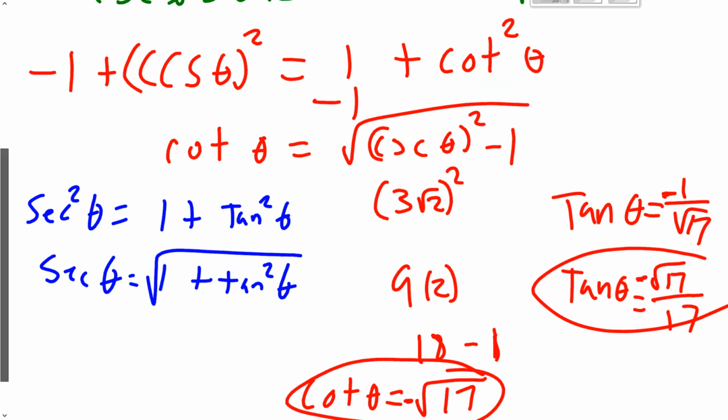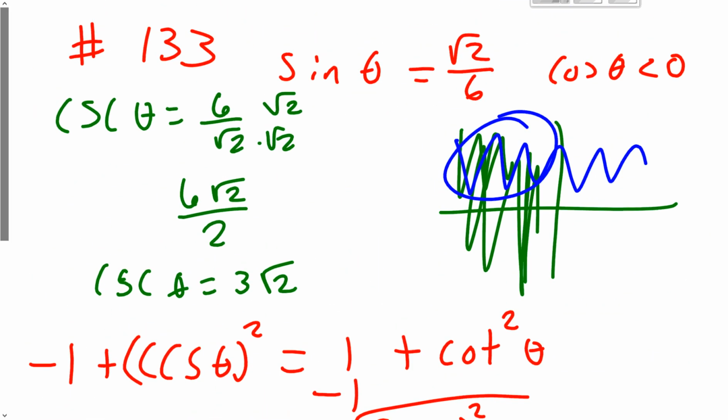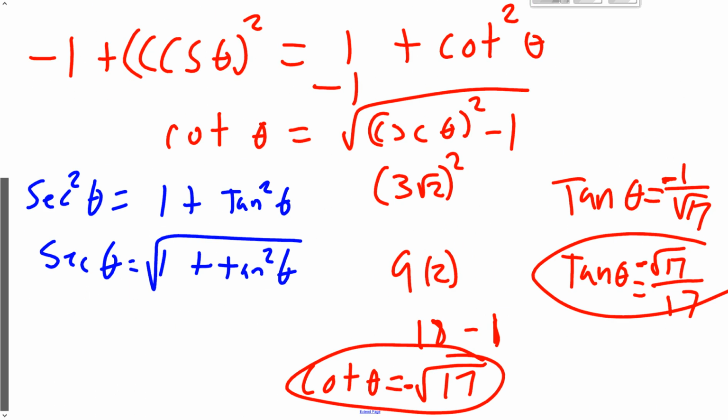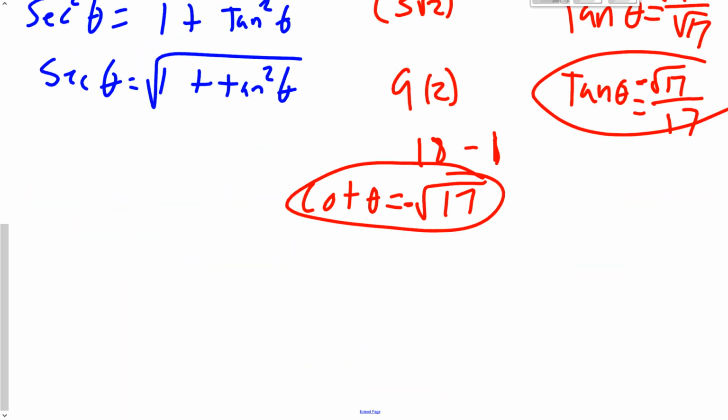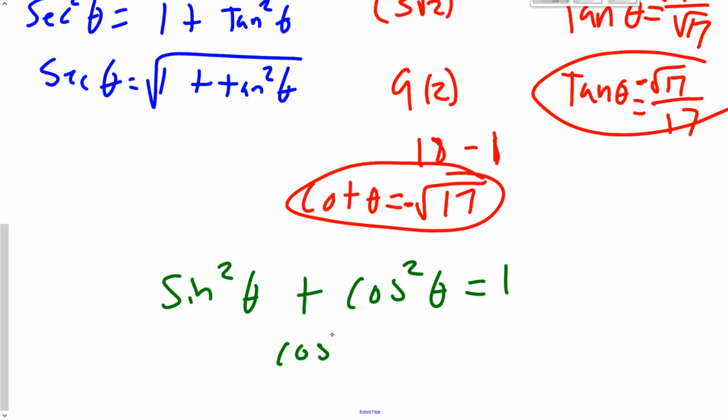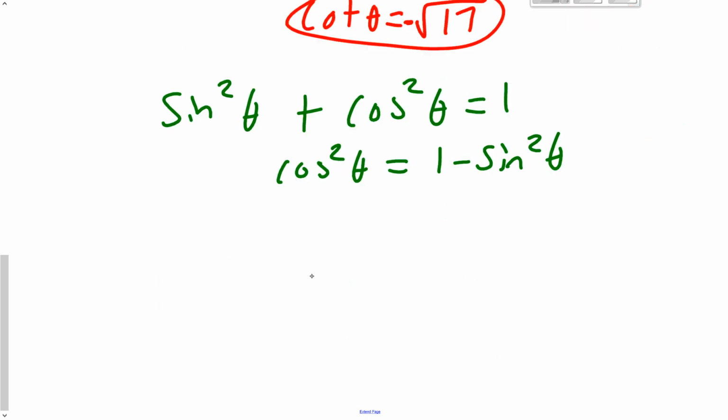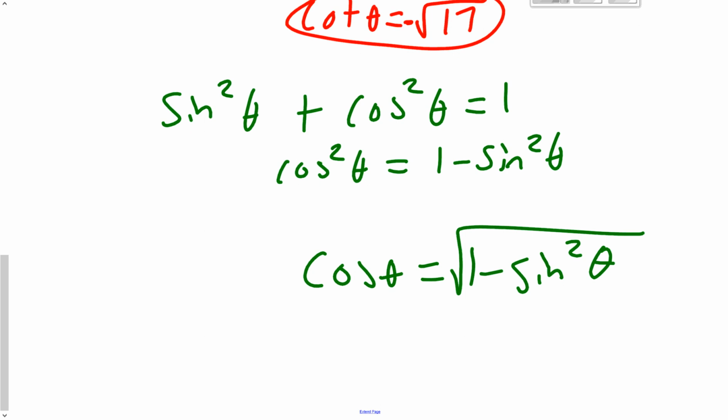Or probably the easiest one, since we're given sine, you might as well do the most basic trig one, which is sine squared of theta plus cosine squared of theta equals 1. So cosine squared of theta is equal to 1 minus sine squared of theta. Square root it, and we get rid of that squared. And we know that's going to be negative because we're in the second quadrant.